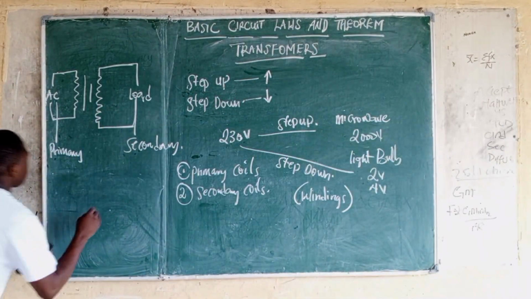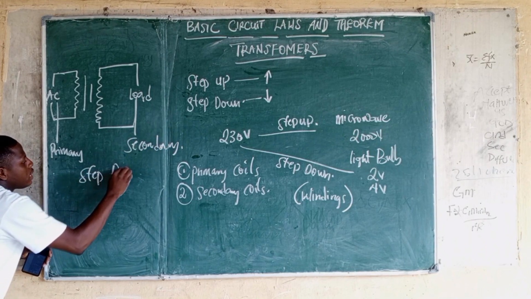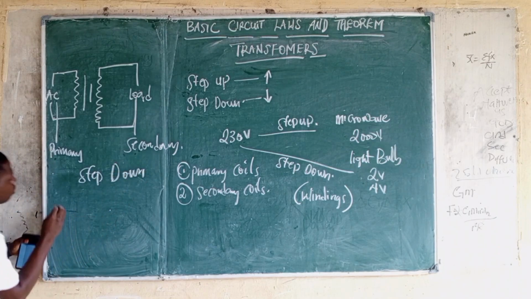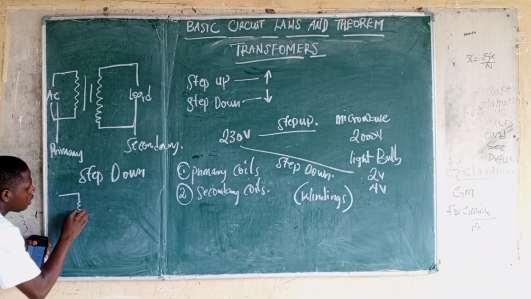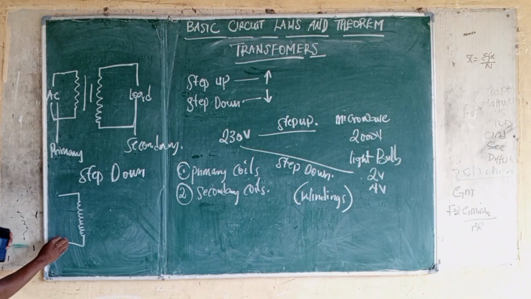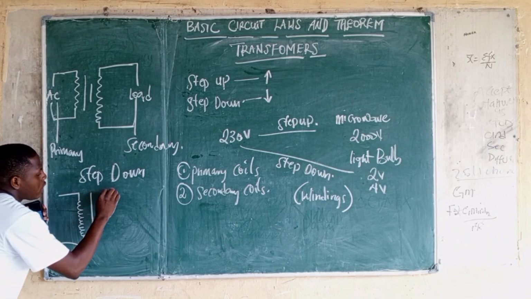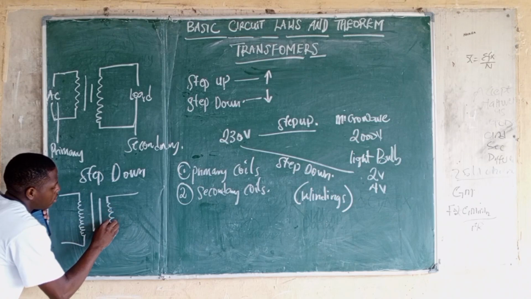Now, let's talk about the step-down. I told you, if you look at your transformer and you see that your primary side is greater than your secondary side, then it is a step-down transformer.